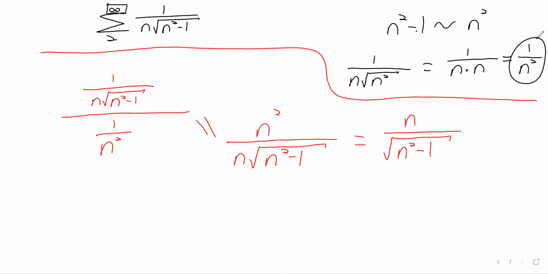You could hit this with L'Hopital's rule. It's infinity over infinity. But L'Hopital's rule is going to be kind of messy here because we have this square root and we have that thing inside the square root. When we take the derivative, we're going to have to use the chain rule. I'm instead going to take the argument. I made the observation that the square root of n squared is n.